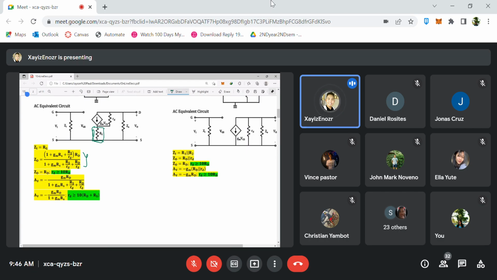Now the condition here is, when our dynamic resistance is larger than 10 times the sum of RD and RS, our formula will be just simply negative GMRD multiplied by 1 over 1 plus GMRS. Okay?